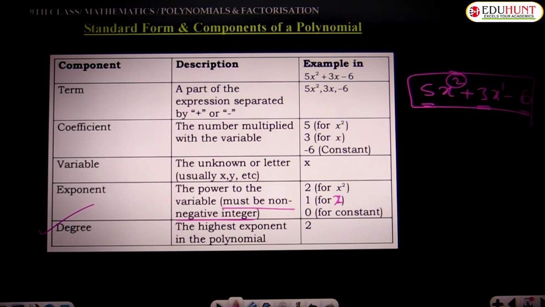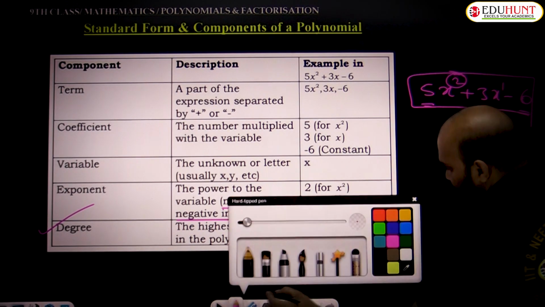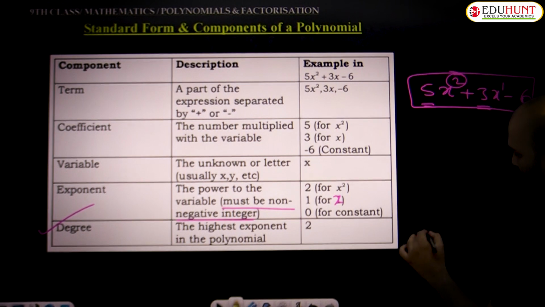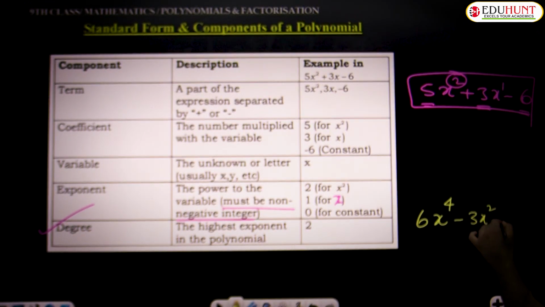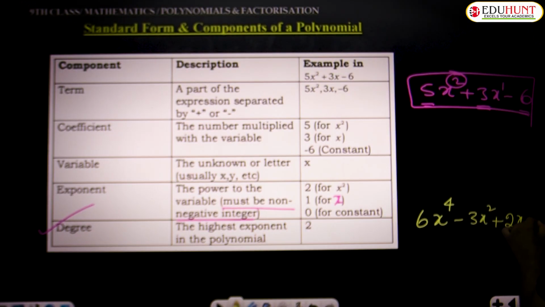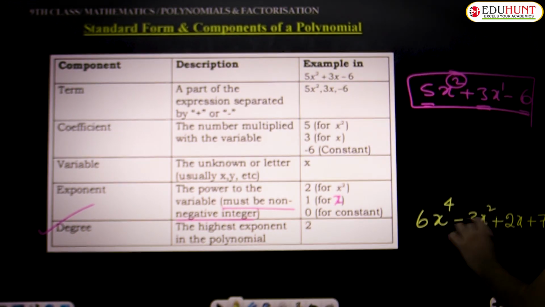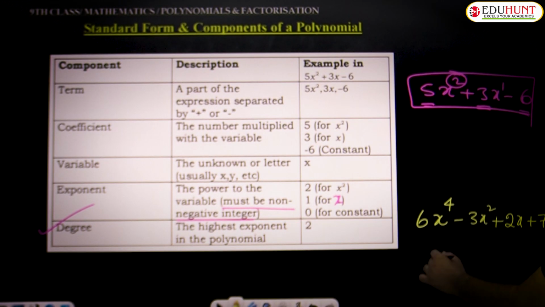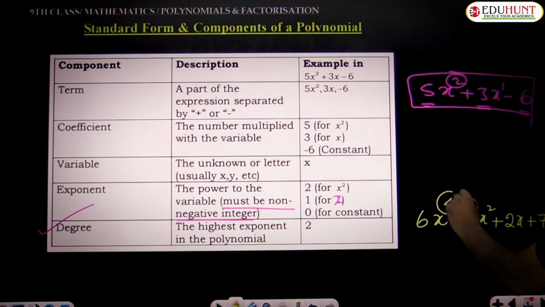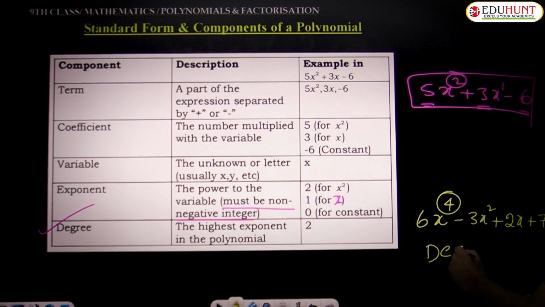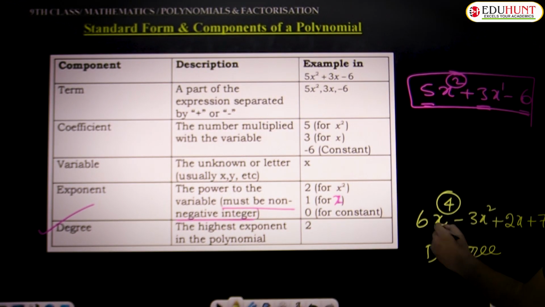Suppose you write 6x power 4 minus 3x square plus 2x plus 7. This is also a polynomial equation. What is the degree here? The highest exponent in that polynomial is called degree. So the highest exponent is 4. 4 is the degree.